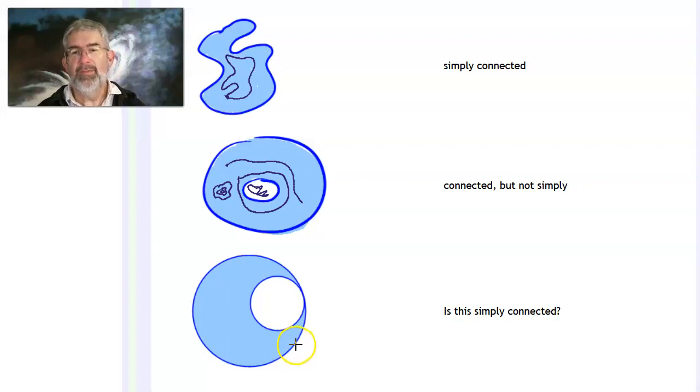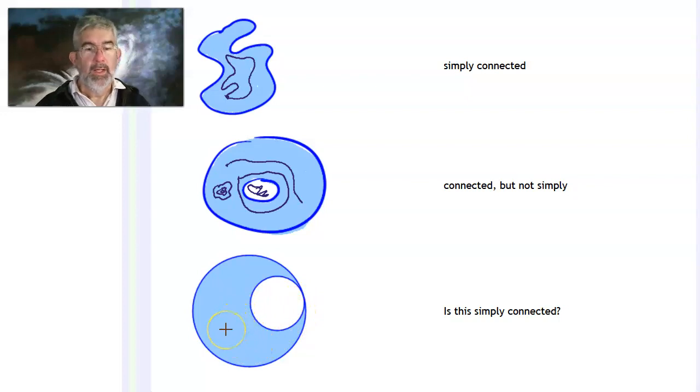On the other hand, if the edge is included, so if this is a closed set, then you could draw a loop around it and hit right in that spot there and go through, and then it would not be simply connected. So the answer here is yes, it's simply connected if it's an open set, and no, it's not simply connected if it's a closed set. If you include that boundary, then it is not simply connected.